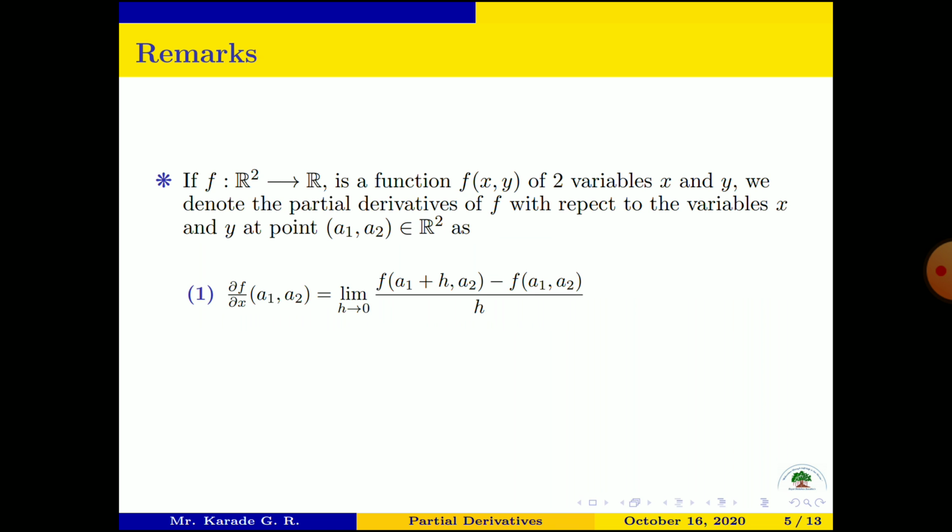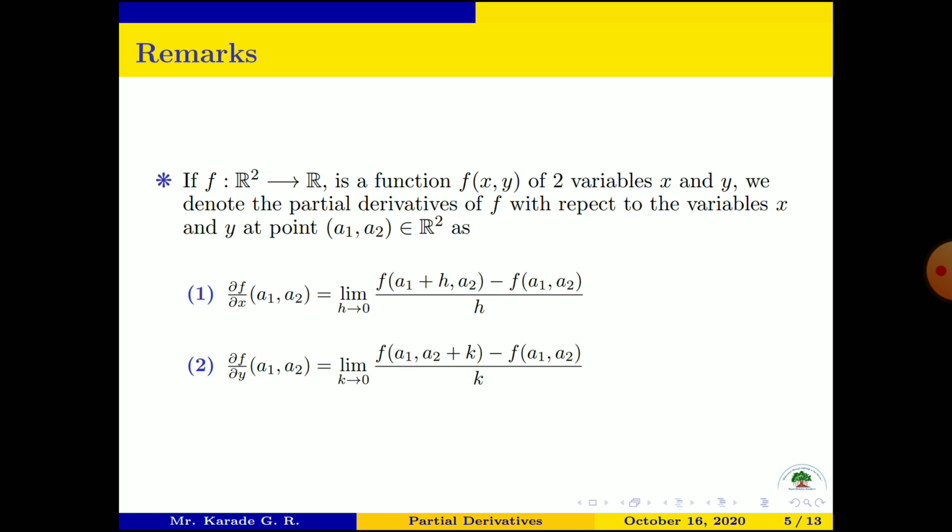Partial derivative of f with respect to x at point a1 comma a2 is equal to limit h tends to 0 of f of a1 plus h comma a2 minus f of a1 comma a2 divided by h. So this is the definition of partial derivative of f with respect to x in R2.